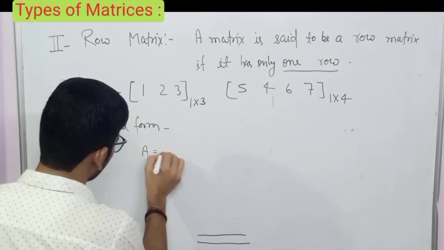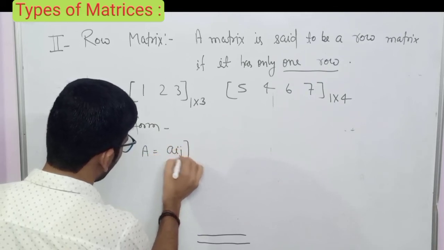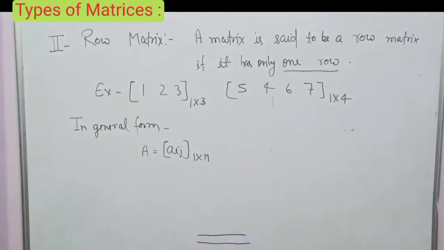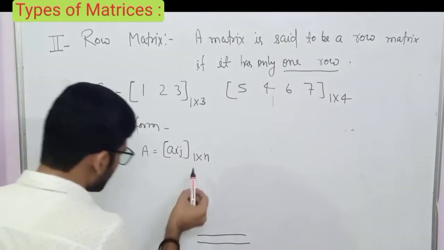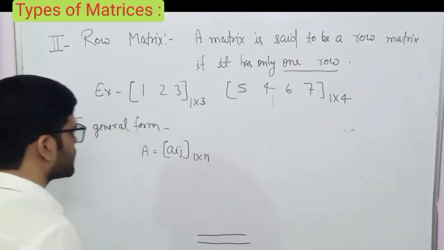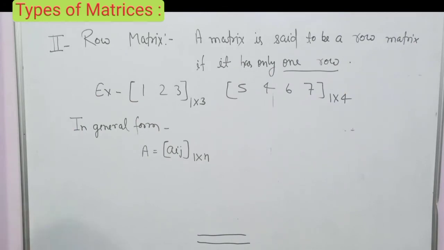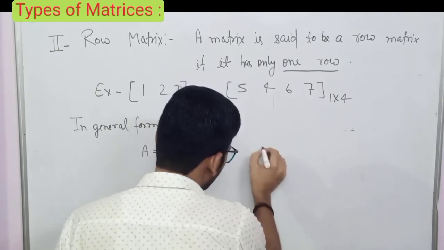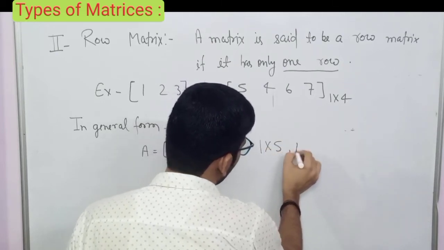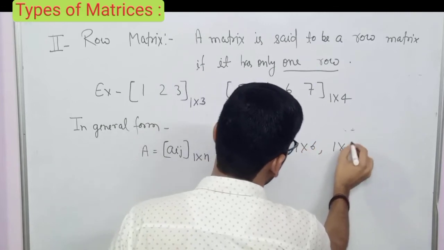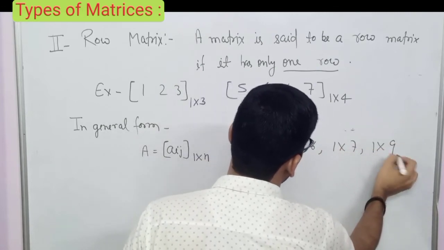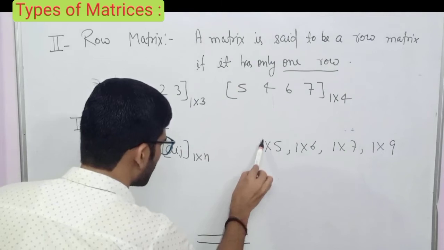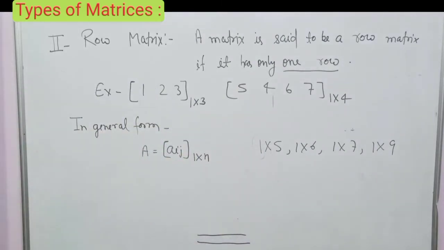If we want to write in general form, A equal to a_ij and order is 1 cross n. Okay, first place is row and second is column. So you can express in general form, this is the row matrix. If anyone writes order of a matrix as 1 cross 5, 1 cross 6, 1 cross 7, 1 cross 9, and so on, first you see number of rows is 1, so you can say this is a row matrix.